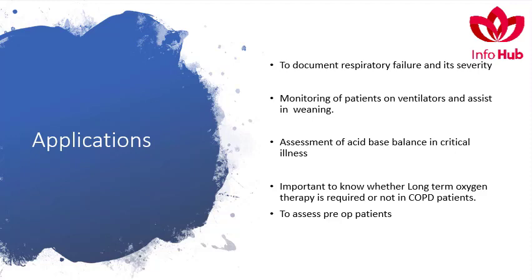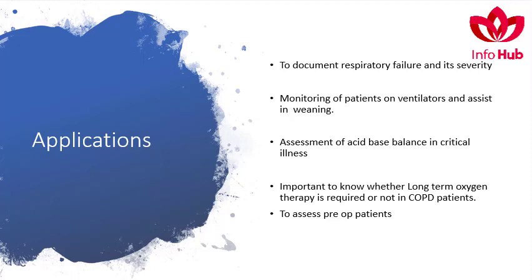Similarly, assessment of acid-base balance in critical illnesses. They help you assess the critically ill patient. They are also important in deciding treatment strategies in COPD patients, in whom you need to do arterial blood gases before prescribing long-term oxygen therapy.